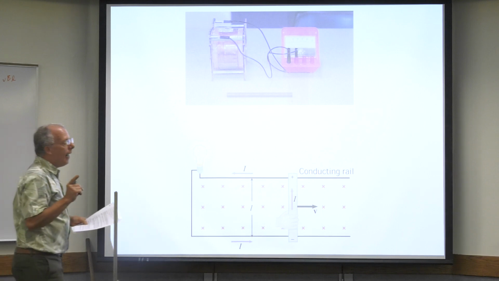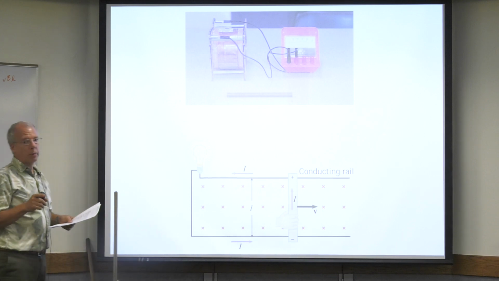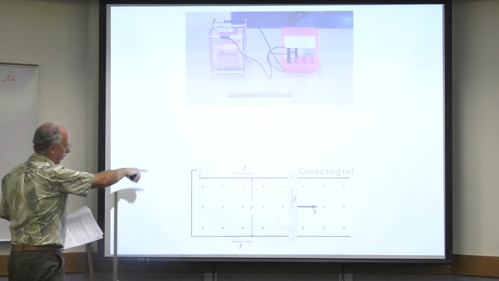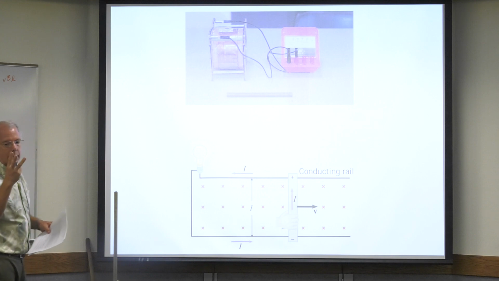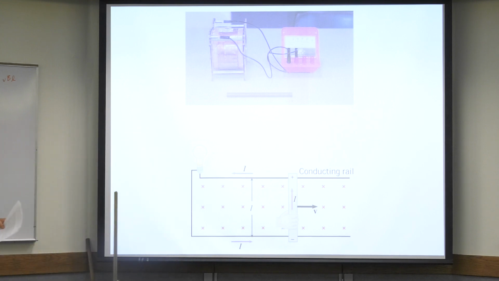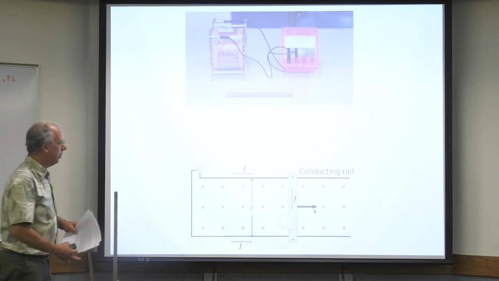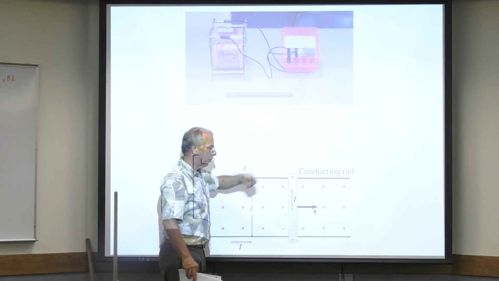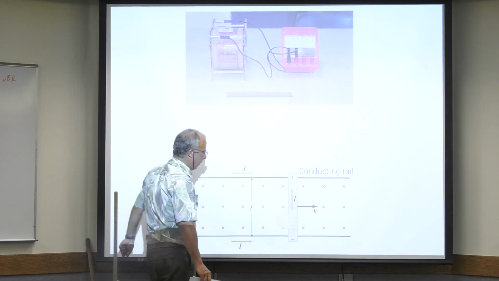What did I change in order to produce the induced current? There are 3 things that were changed. On this one, I changed the magnetic field. I put it closer and further away, so I was changing the magnetic field.